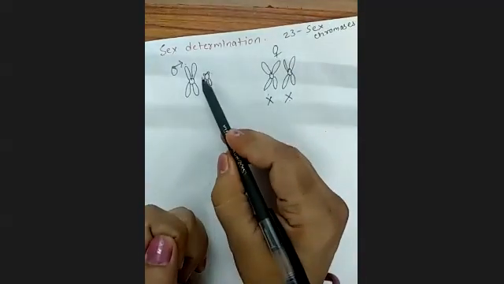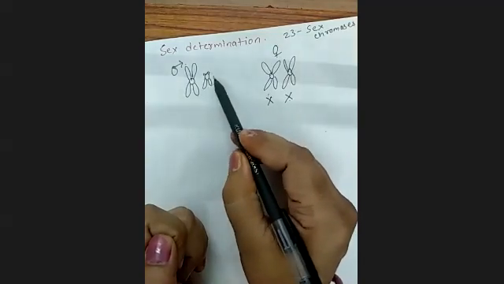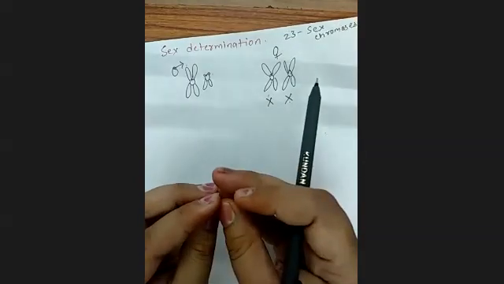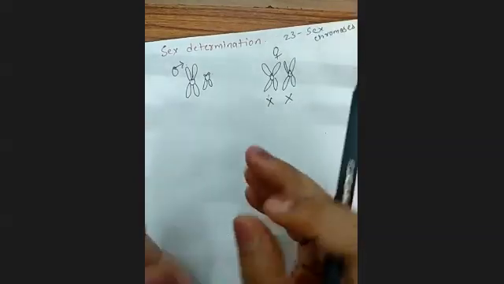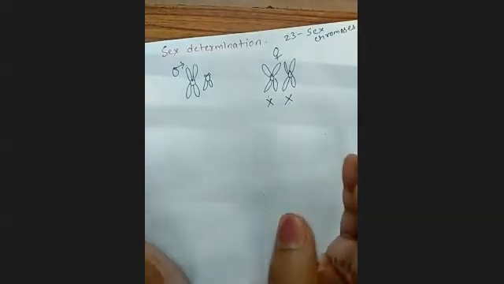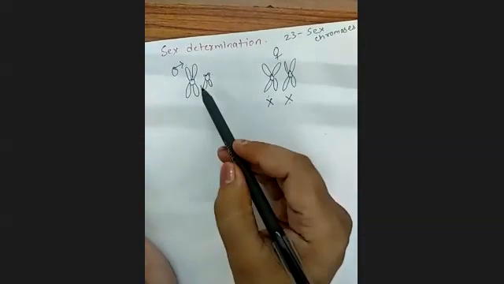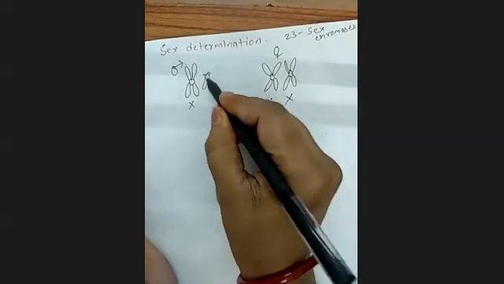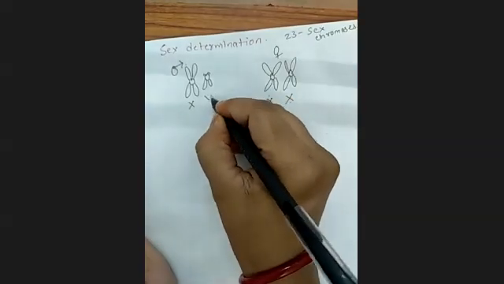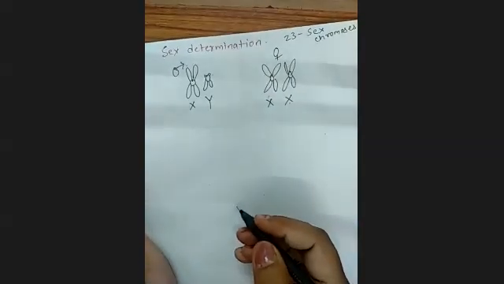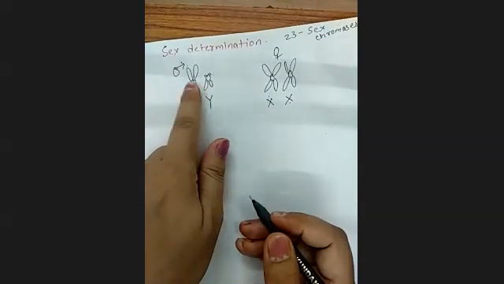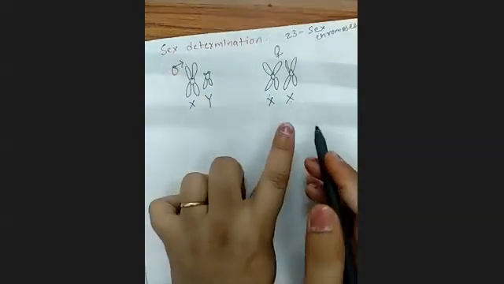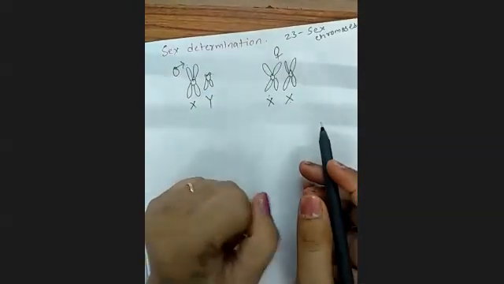And if the chromosome is something like this, you have 4 types of chromosome, mesocentric, telocentric, acrocentric, some words like this will come if you refer to other books. But if you have one X and this one which is very short, that is Y. So if you have this combination of chromosomes, then definitely you are going to be a male. And if you have 2 X, then you are going to be a female.